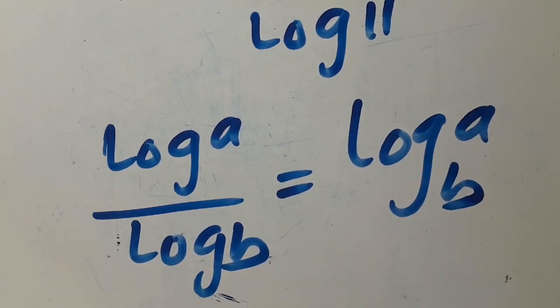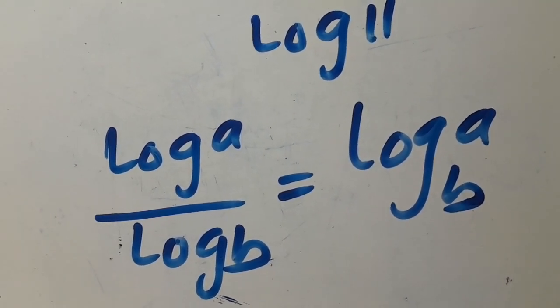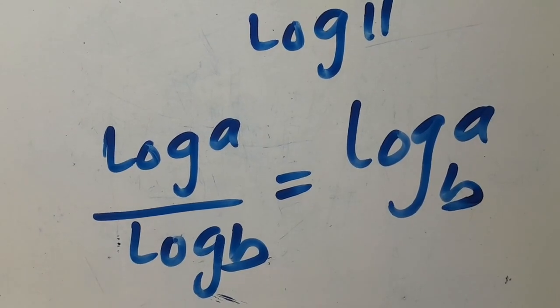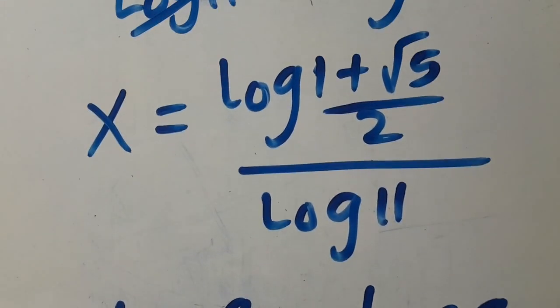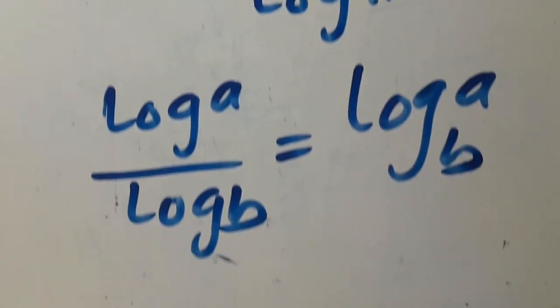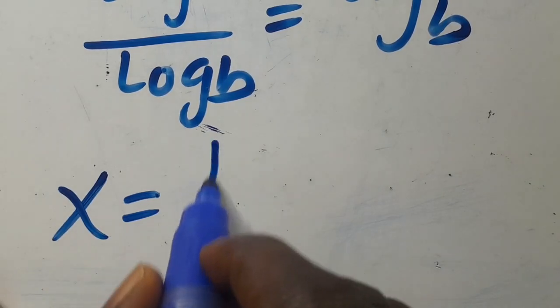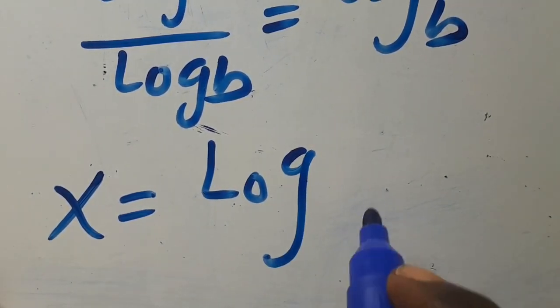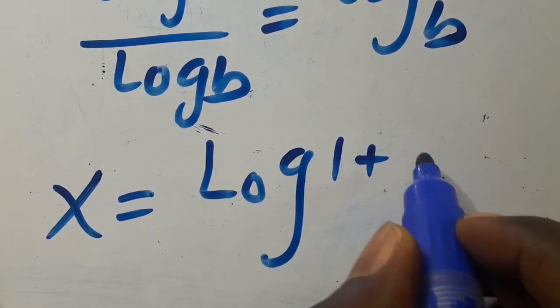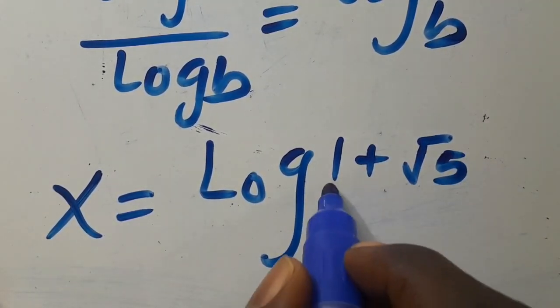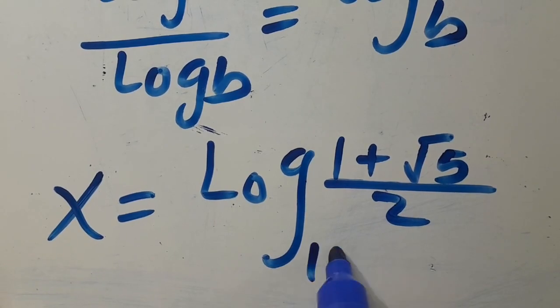So having done this one, finally, we can have the value of x here to be as x equals log of 1 plus root 5 divided by 2 in base of 11.